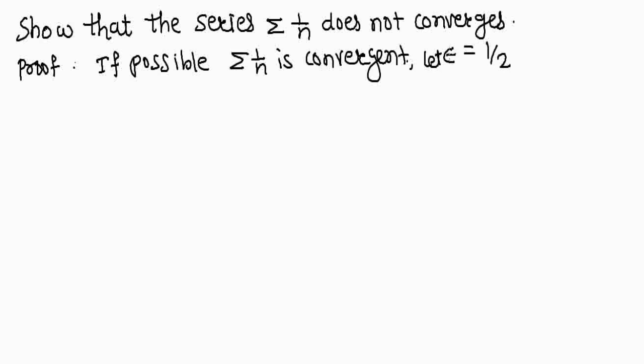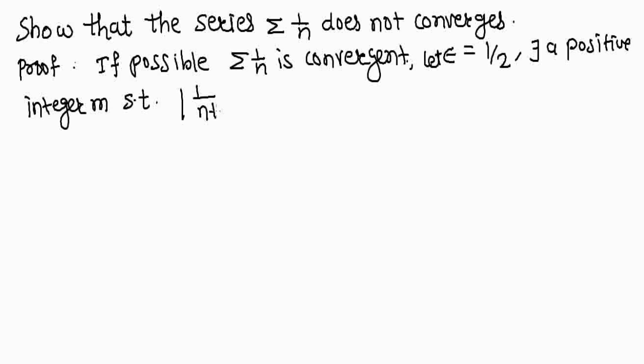Let us choose this value epsilon equal to 1 by 2, and for this particular value there exists a positive integer m such that, according to that general principle, we have mod of 1 divided by n plus 1 plus 1 divided by n plus 2 plus up to 1 divided by n plus p is less than epsilon.